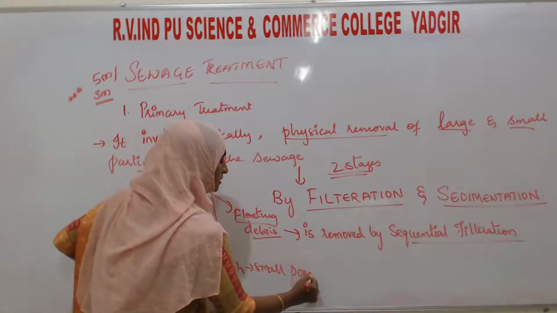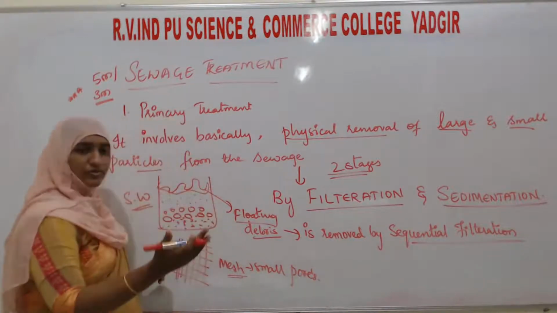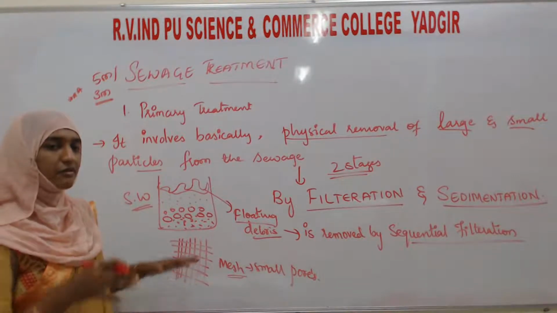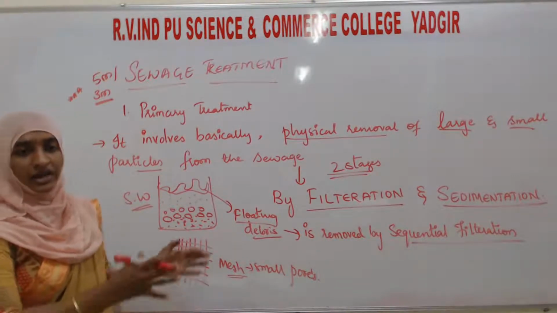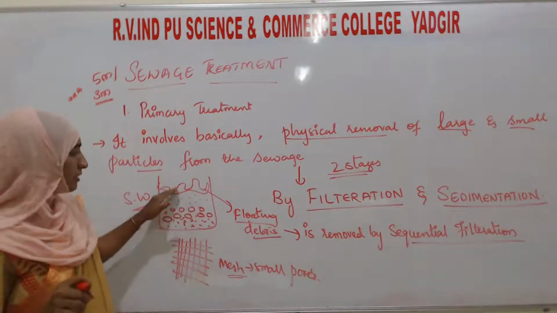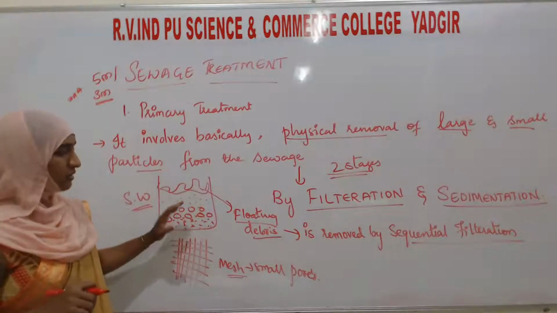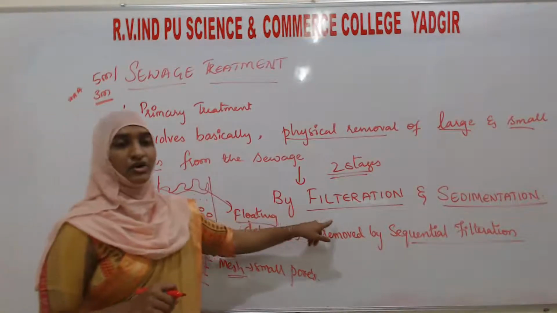By using this mesh, they remove the floating debris. Sequentially means many times they put the mesh into the sewage water and remove all the debris floating on the surface of the sewage water. So this is about the filtration.